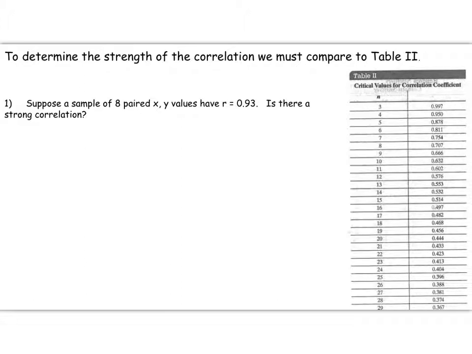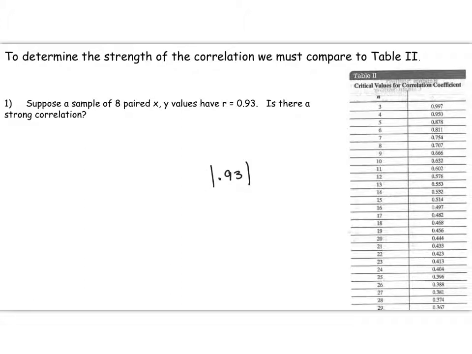So suppose we have a sample of 8 paired x and y values and we calculate an R value of 0.93. Is there a strong correlation? So we take the absolute value of R and we compare it.